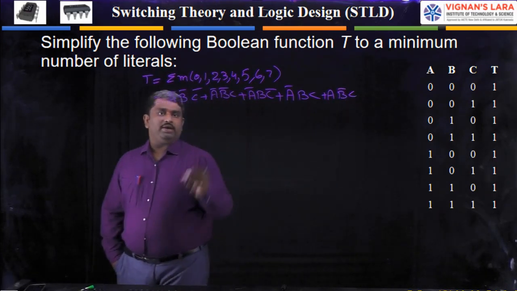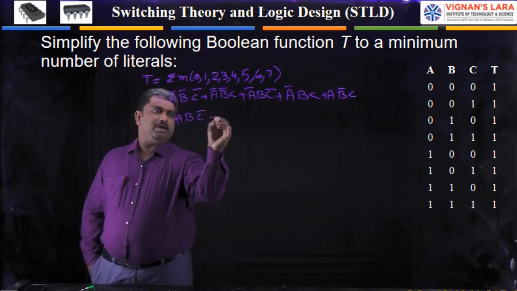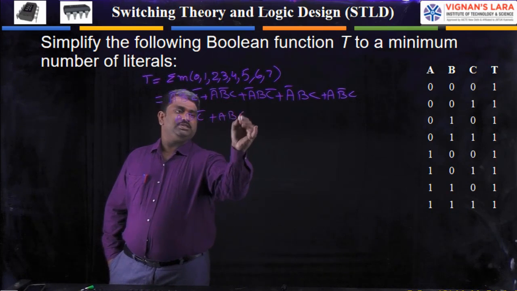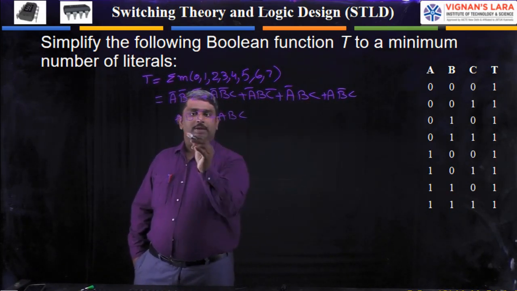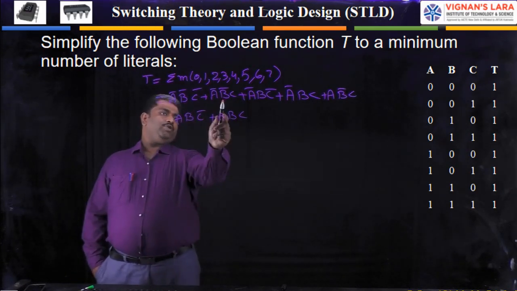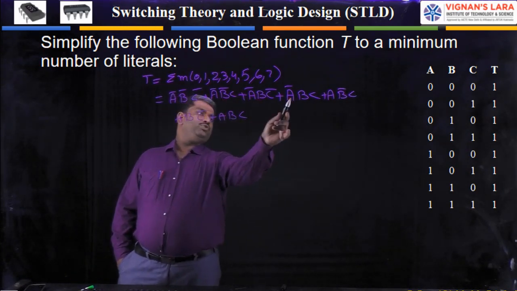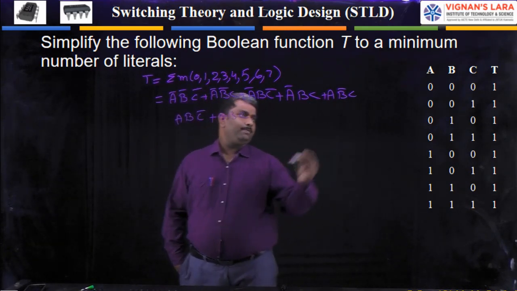Next 1, 1, 0, that is a b c bar. Next the last one, a b c. So m0, m1, m2, m3, m4. So we missed m4.